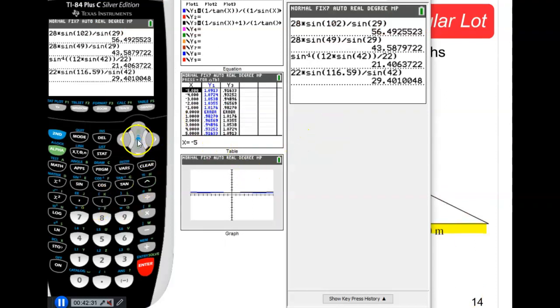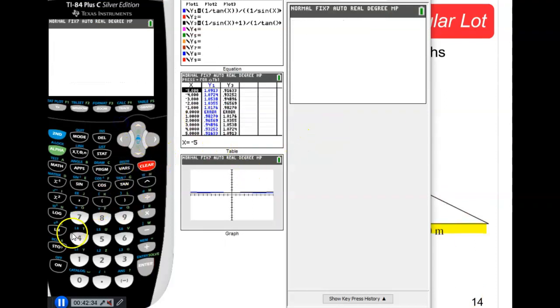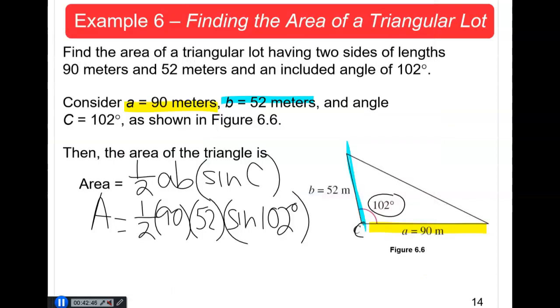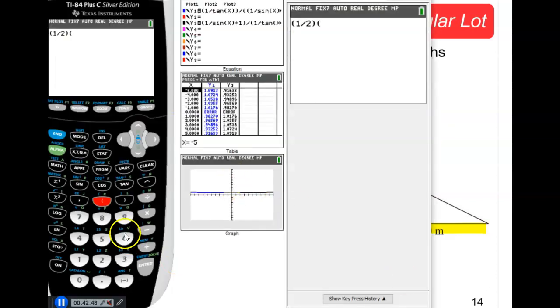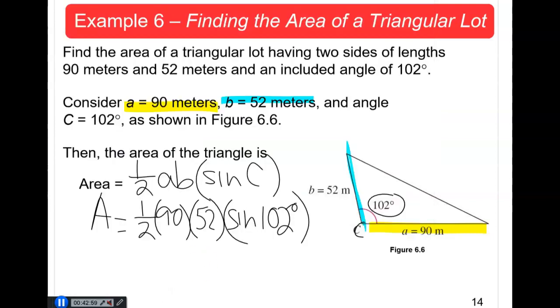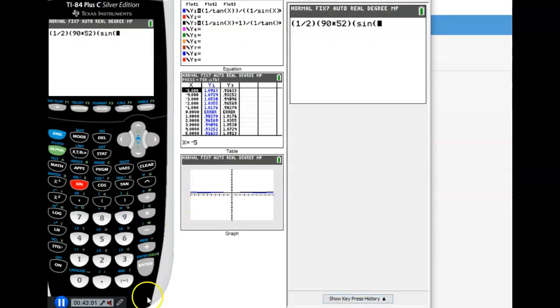So we're going to enter that on our calculator. So I'm going to just clear the screen quickly. So I'm going to enter 1/2 in parentheses. That is the right thing to do, or you can enter 0.5 if you want. Then we need the two sides, 90 times 52. And then we need sine of the angle that was given to us, which is 102.